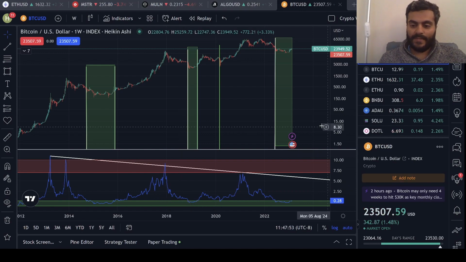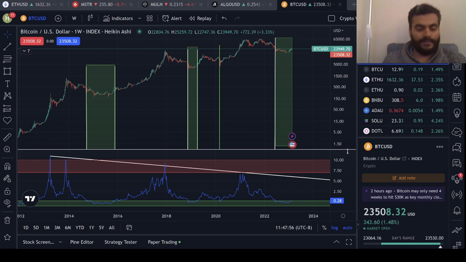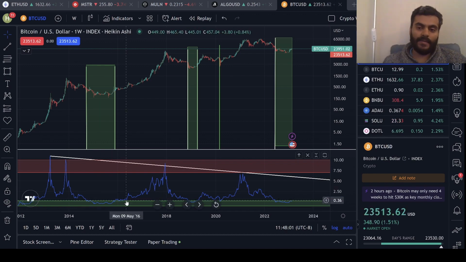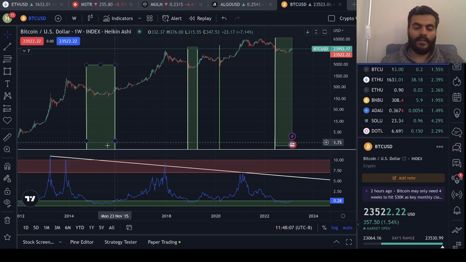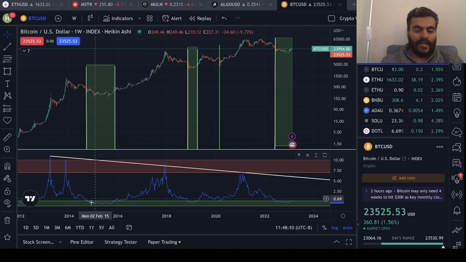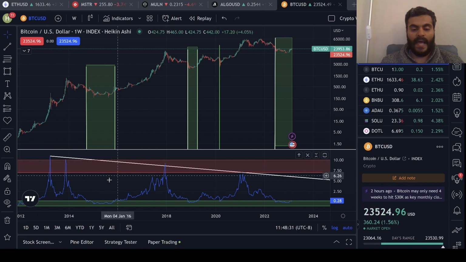So as we defined the MVRV Z-Score, we can see on the chart that during certain times in Bitcoin's market cycle, especially the boxes color-coded in green, you can see the MVRV Z-Score, which is again calculated by the difference between the market price and the realized price, divided by standard deviation at that point. So the gist is, the higher the Z-Score, the more overvaluation of the asset, and in this case Bitcoin being the asset.